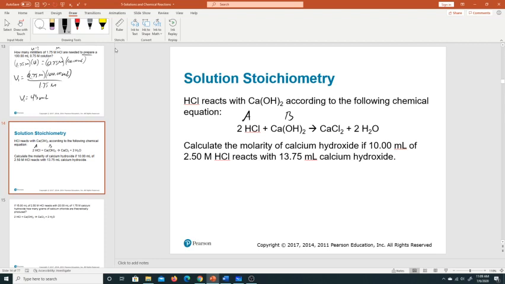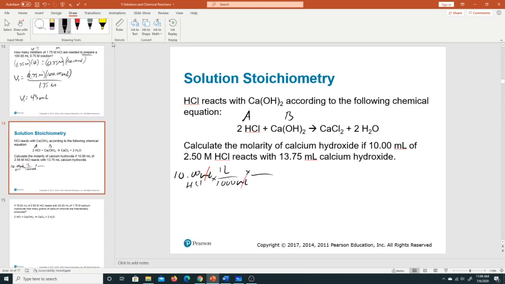So we know the volume of the acid, 10.00 milliliters of 2.50 molar HCl. So this 10.00, this is the volume of the acid. 10.00 milliliters of HCl. Now molarity is moles per liter. So I say, well, 1 liter is 1,000 milliliters. That makes the milliliters cancel out.